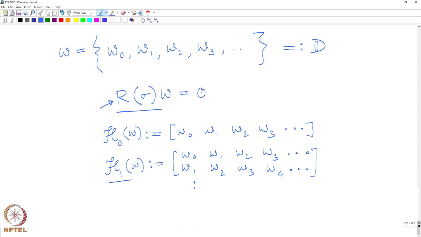So, I am sure you get the trend. H k W in general is going to look like W0, W1 up to Wk, W1, W2 up to Wk plus 1 and so on. It has k plus 1 times q number of rows and infinitely many columns.